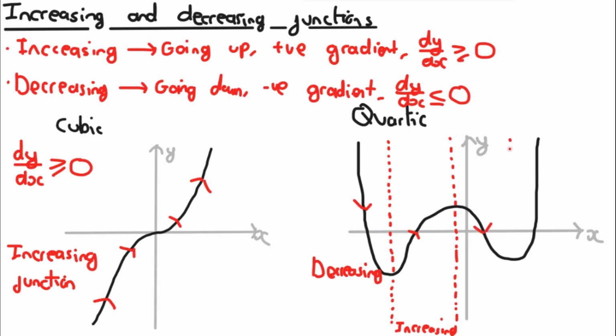It's got a negative gradient until about here, and after this it is going up again all the time, so it is increasing. So for this particular function, it's decreasing in certain areas and increasing for other sets of x.